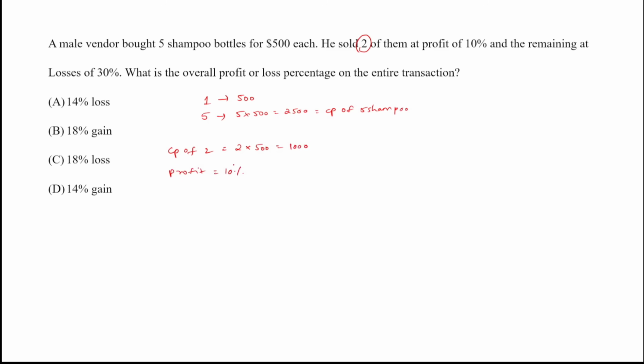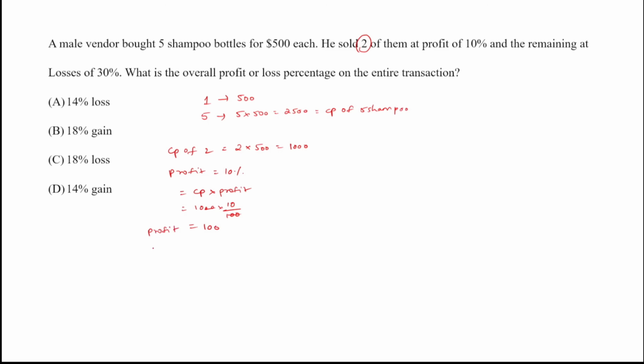So we need to calculate the profit value. For that, you need to calculate it like CP into profit. So which is equals to 1000 into 10 percentage, that is 10 by 100. Here both the zeros will get cancelled and then 10 into 10 which is equals to 100. So the vendor got 100 rupees as profit.